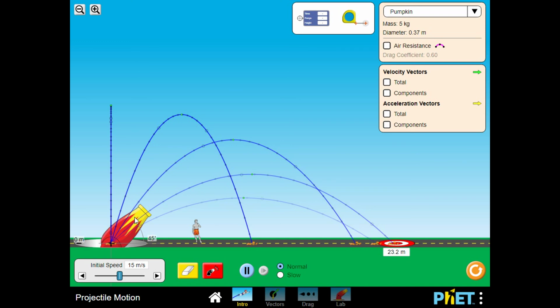At 30 and at 13 and 16 degrees, the projectile's horizontal displacement is the same. At 75 and 25 degrees they have the same.